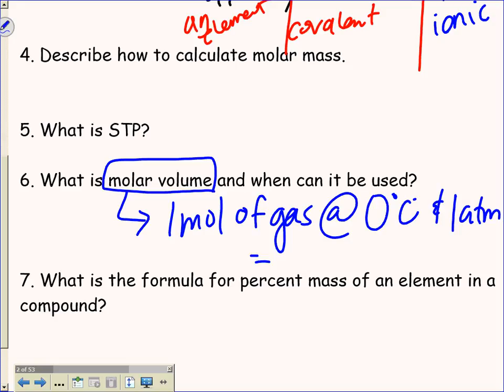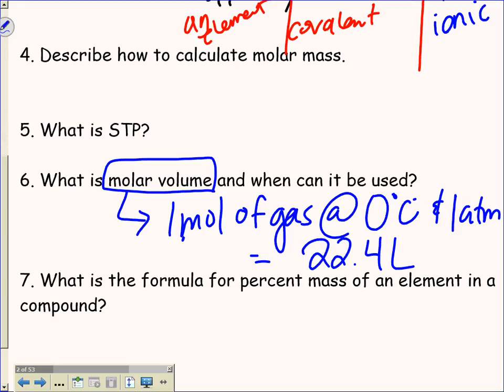I just told it to you. 22.4 liters. All right, so we're getting back into the math side of things, but we're starting to kind of get a grasp of how we communicate this information using our chemistry nomenclature. So we'll start to name our gases and name our ionic compounds as we go. So 1 mole of gas at these specific conditions is equal to 22.4 liters.